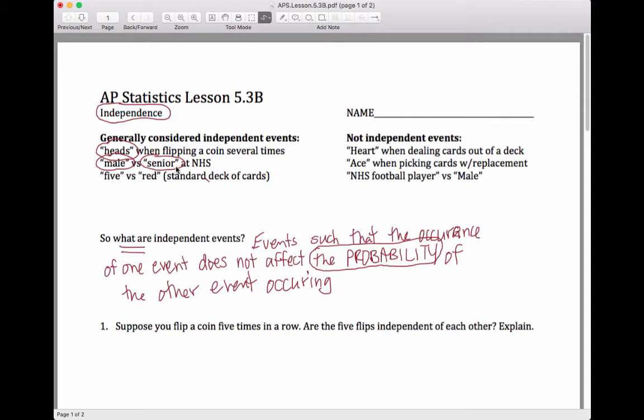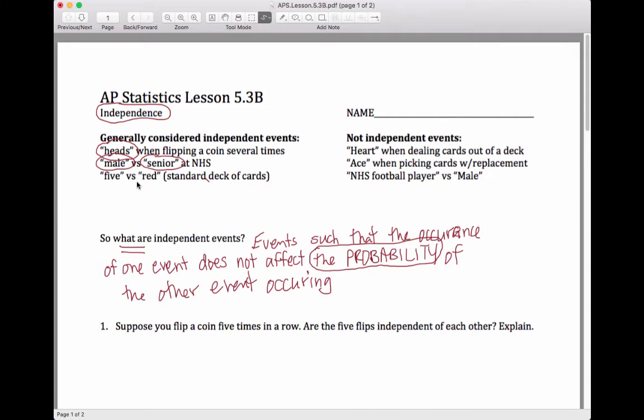Does knowing that somebody is a senior affect the probability that they are a male? Well, probably not, because I'm guessing about half the seniors are males too. So even if you knew that somebody was a senior, they would still have a 50% chance of being a male. That's an example of one event's occurrence not affecting the probability of the other event occurring.